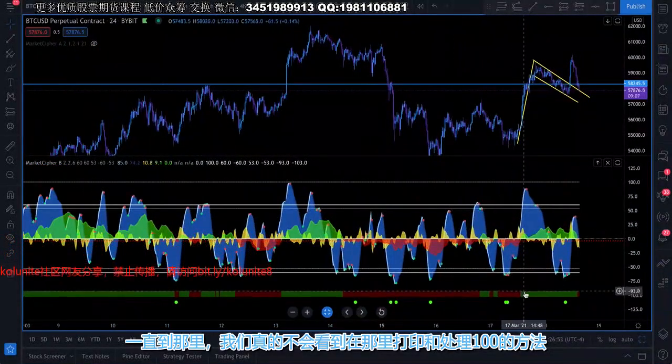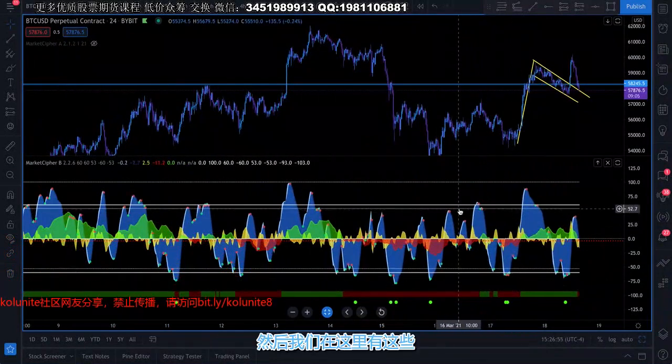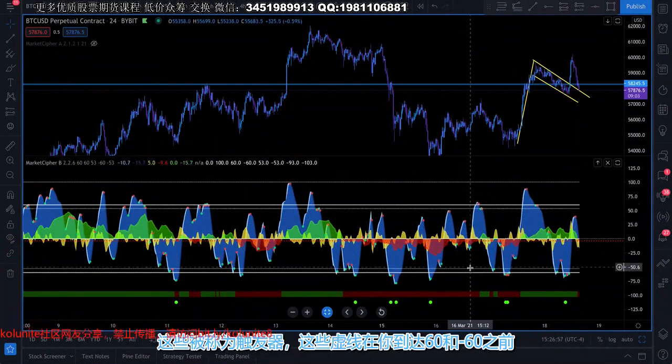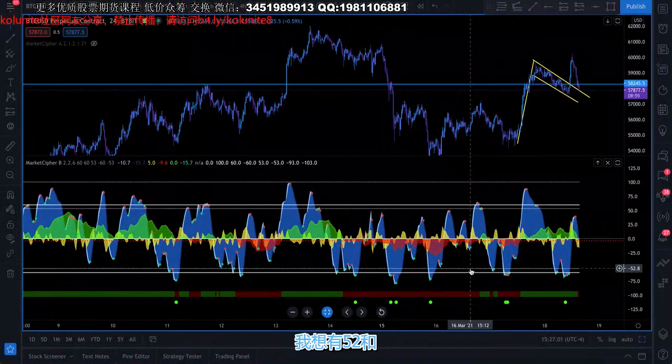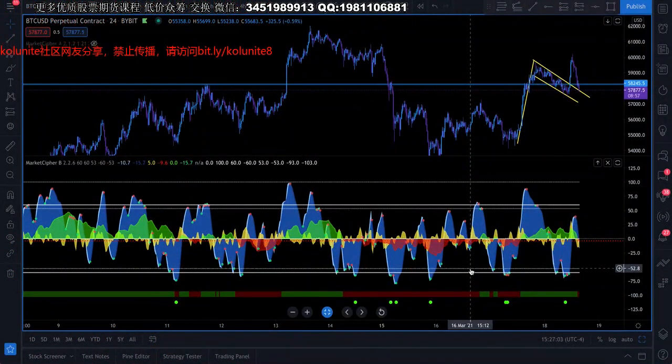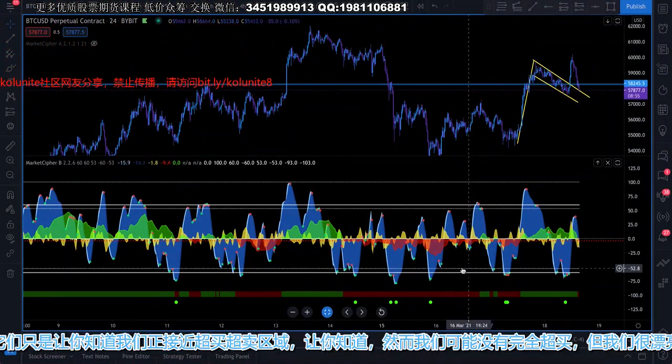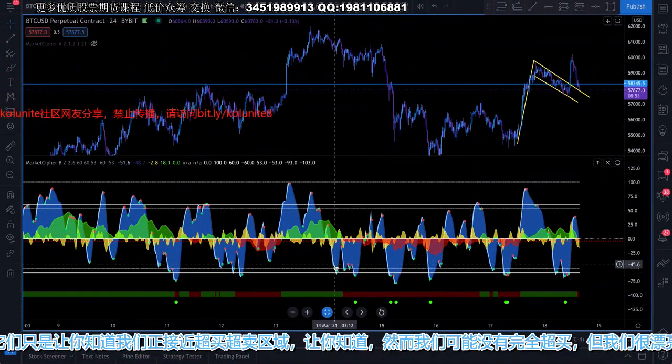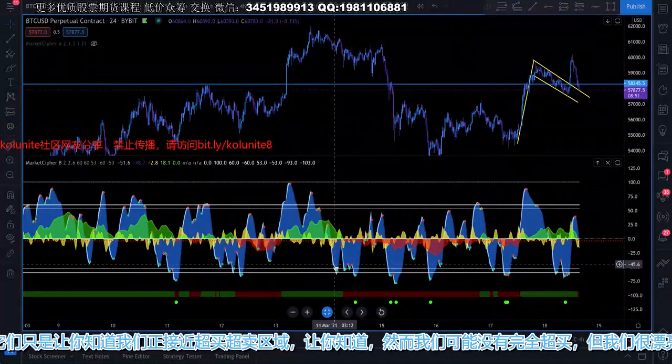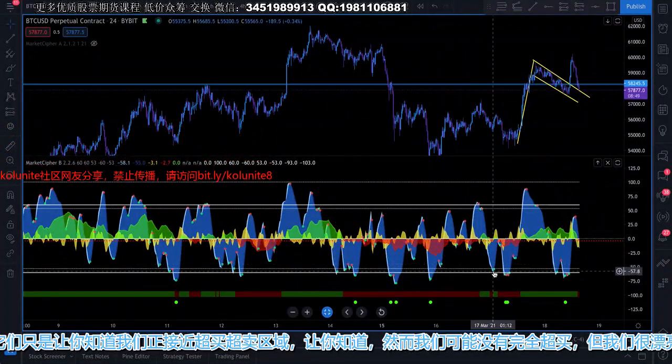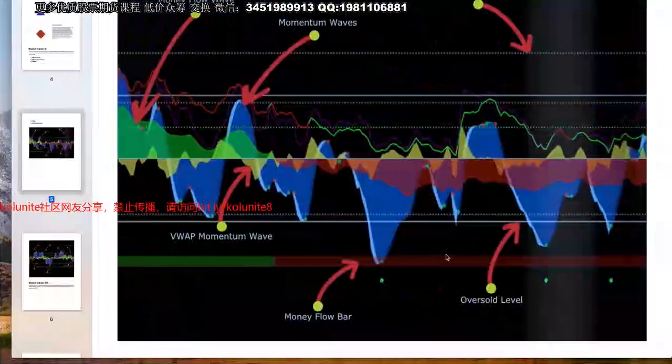Same deal with the 100 down here. And then we have these right here. These are called the triggers. These dotted lines before you get to the 60 and negative 60. I think they're at 52 and negative 52. They simply function as letting you know that we're getting close to that overbought, oversold region, right? Letting you know, we might not be completely overbought, but we're pretty close.